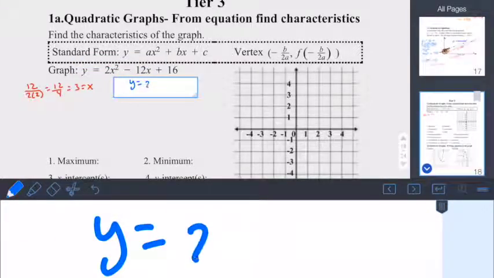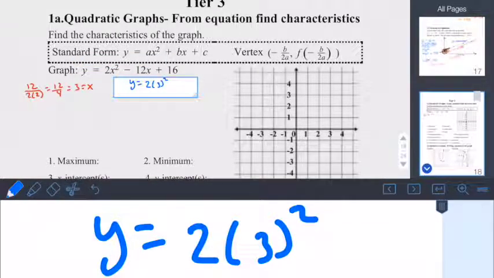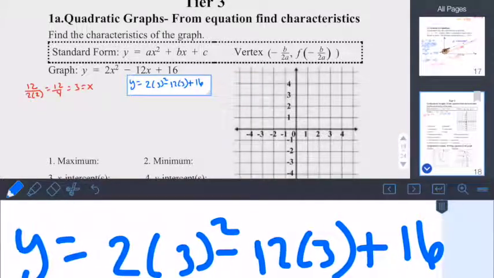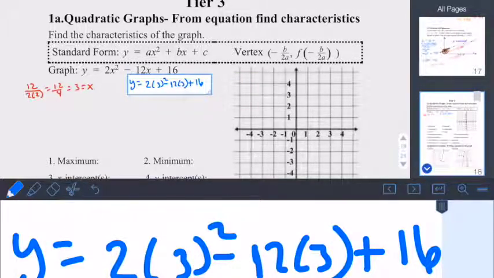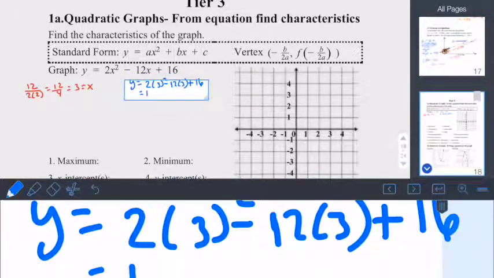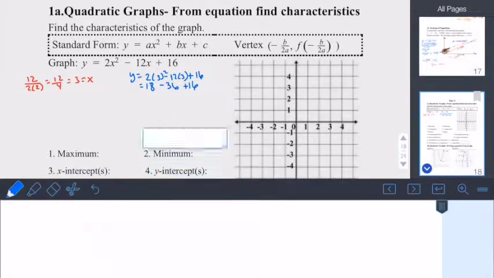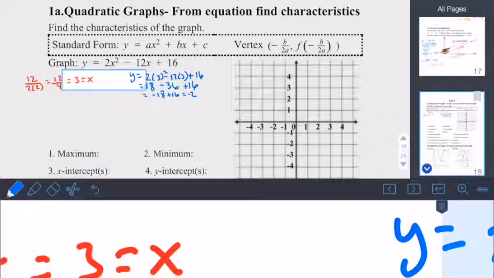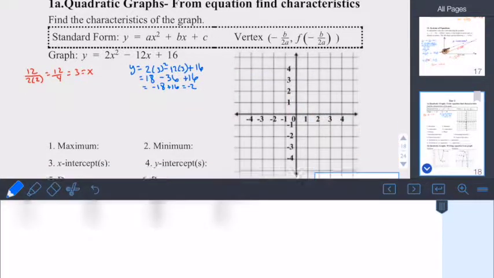So y equals 2 times 3 squared minus 12 times 3 plus 16. 3 squared is 9, so 2 times 9 is 18, minus 36 plus 16. 18 minus 36 is negative 18, plus 16 equals negative 2.